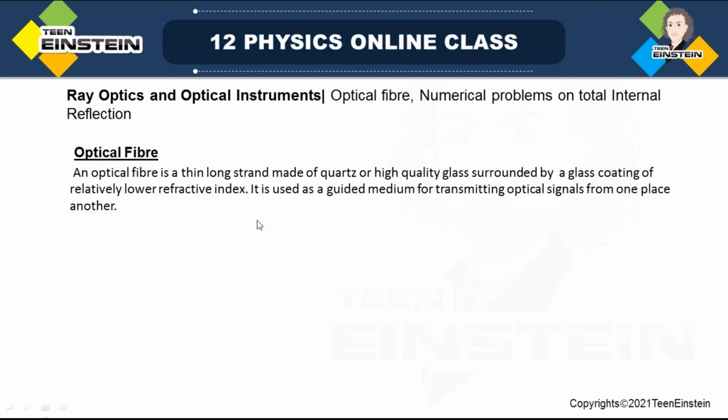Okay, so an optical fiber is a thin long strand made of quartz or high quality glass, with a coating of relatively lower refractive index, and it is used as a guided medium for transferring optical signals from one place to another.